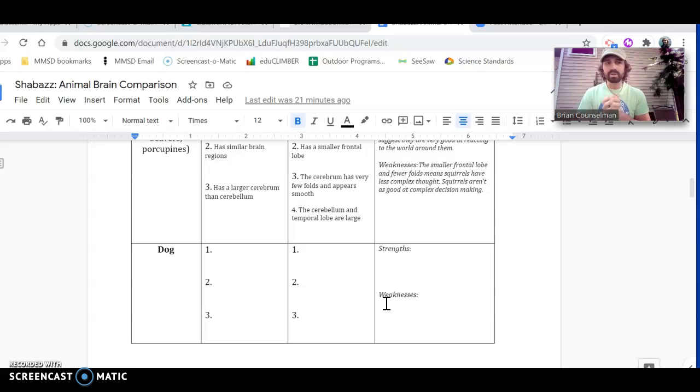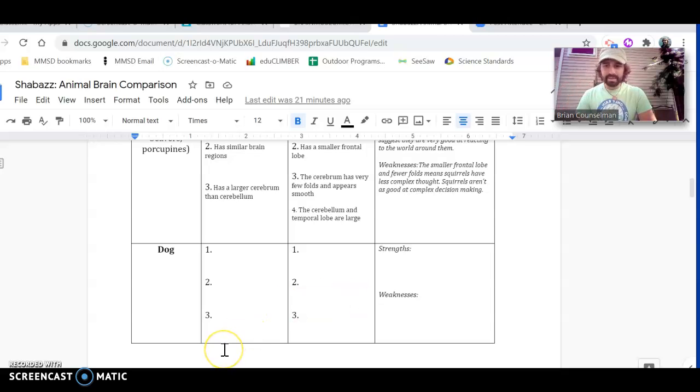All of these animals are ones we're familiar with, so hopefully there are some things you're already aware of. For instance, we know that cats are extremely nimble. We know that squirrels are also very physically active and very agile. So our goal is to see, is that supported in the anatomy of that brain?